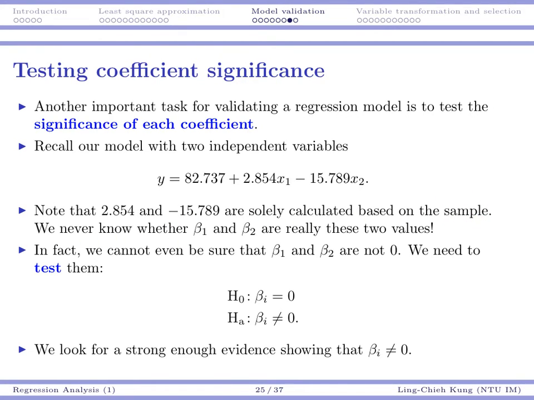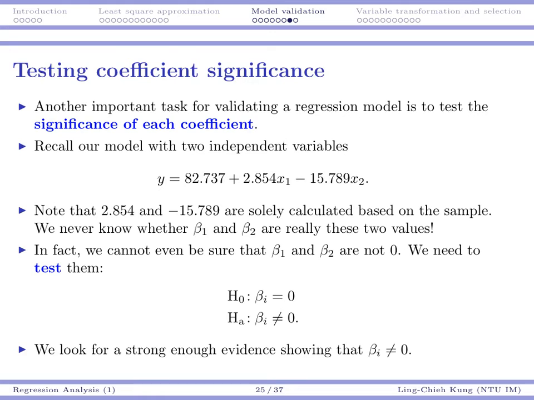We want to know whether beta 1, this number, and beta 2, that number, are really close enough to the true values. Or more precisely, we want to ask whether they are really not zero. If in reality, in the hidden fact, beta 1 or beta 2 is zero, then that means that variable really has no impact on y, right?